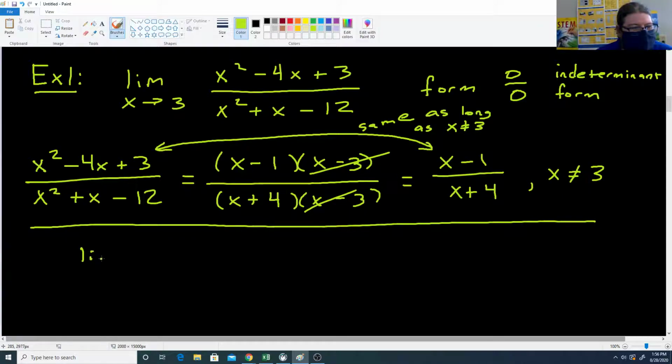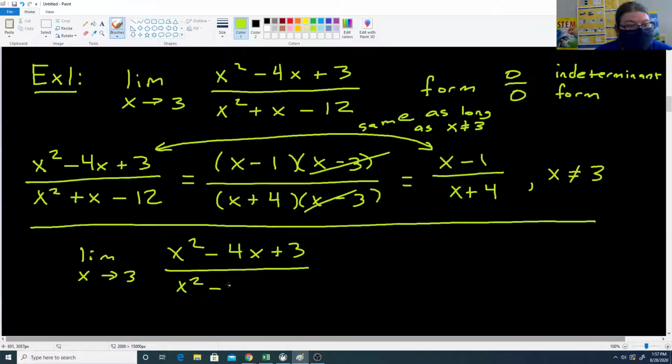So the limit as x approaches 3 of x squared minus 4x plus 3, all that over x squared plus x minus 12 is the limit as x approaches 3 of x minus 1, all that over x plus 4.